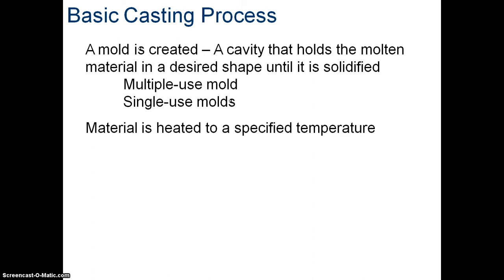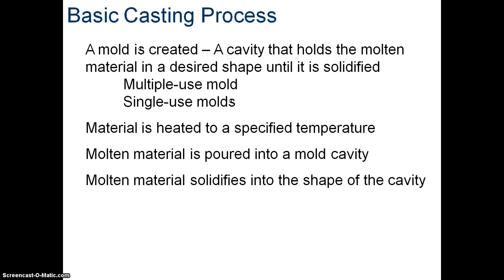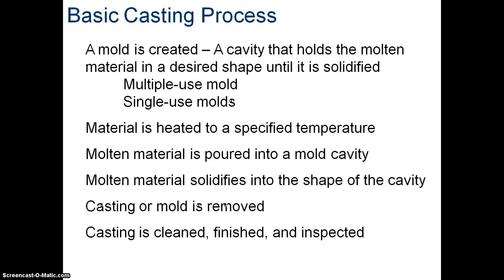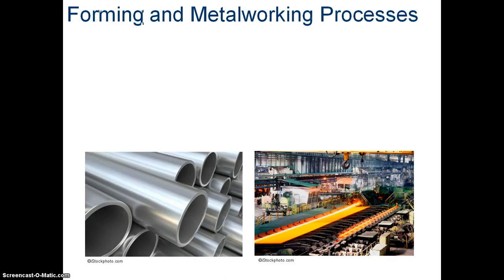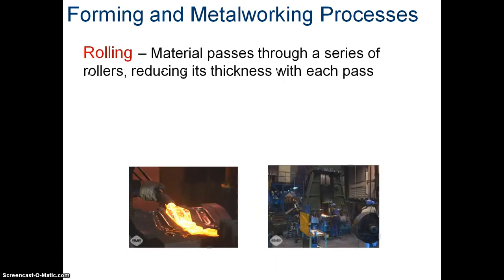Material is heated to a specific temperature, and the molten material is poured into the mold cavity. The material solidifies into the shape of the cavity, the mold is removed, and the casting is separated from the mold. Castings are cleaned by using a fettling process.